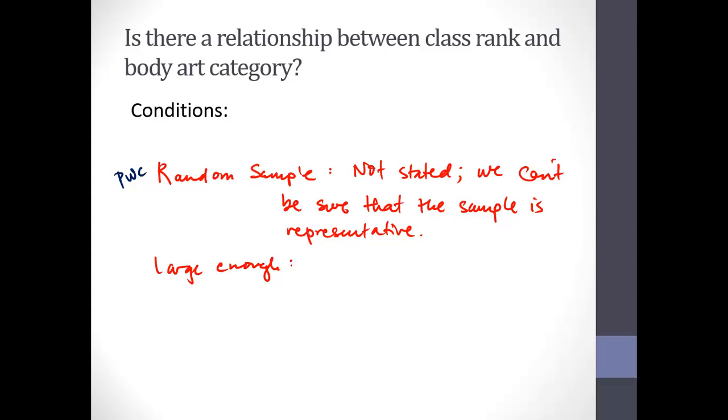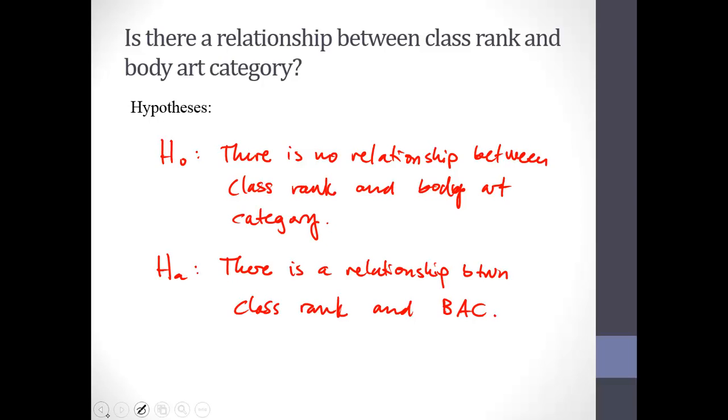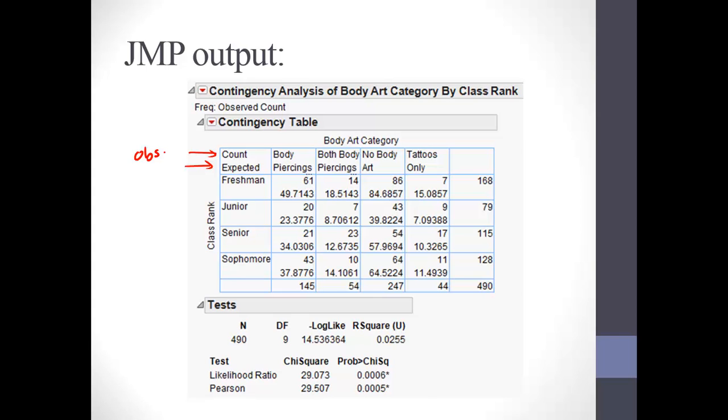How about for my large enough? Am I okay with my large enough sample condition? So here I just need all my expected counts to be bigger than 5. So I can come back over here and look at all my expected counts. Looks like my smallest one is, here's my smallest one, which is bigger than 5.